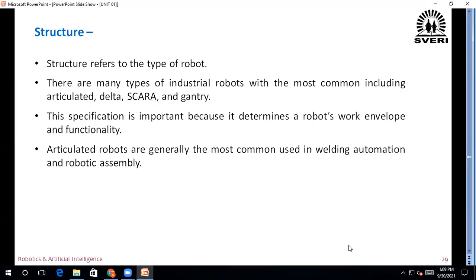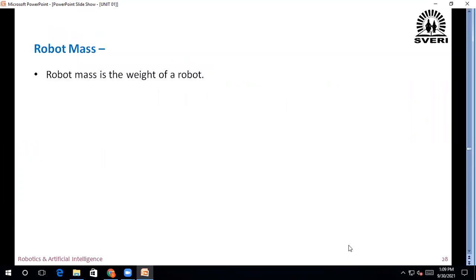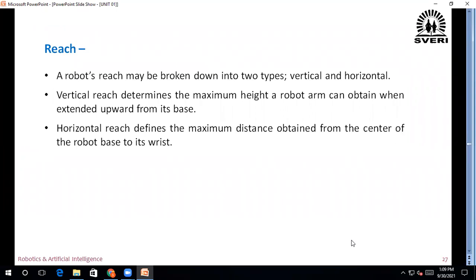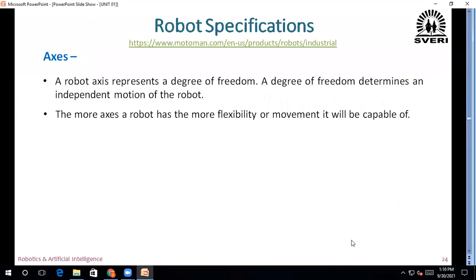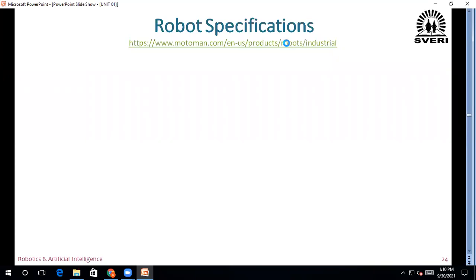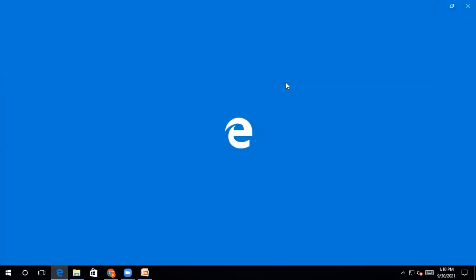Go to the classification of robots. Now we'll see this link, www.motoman.com/en-us products.